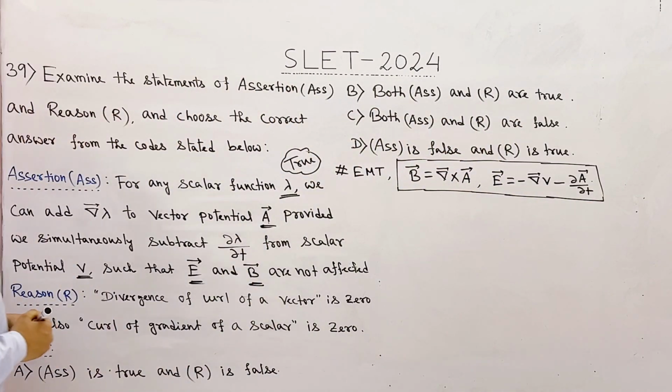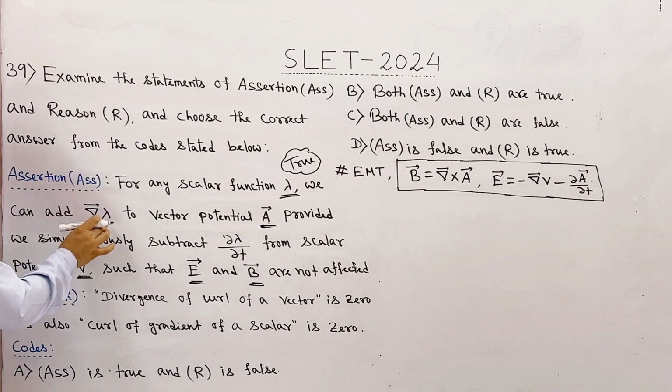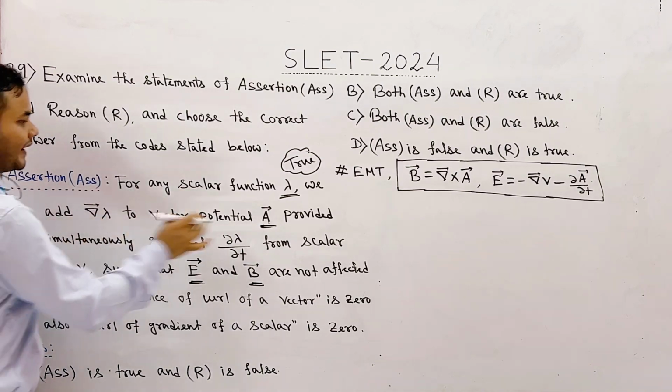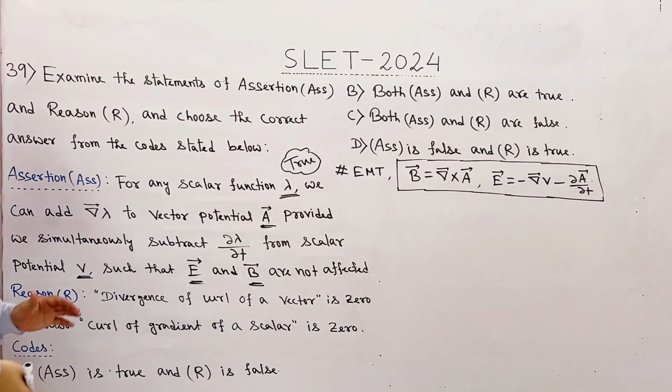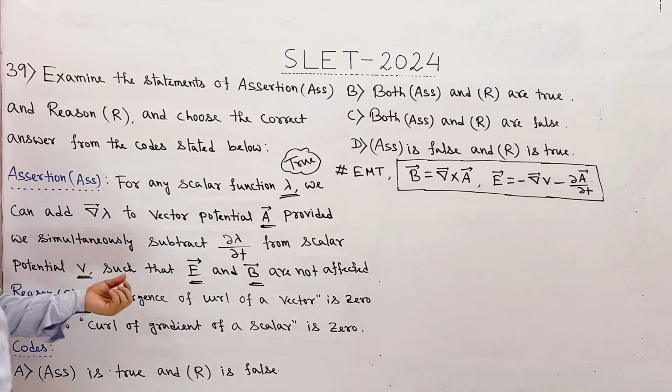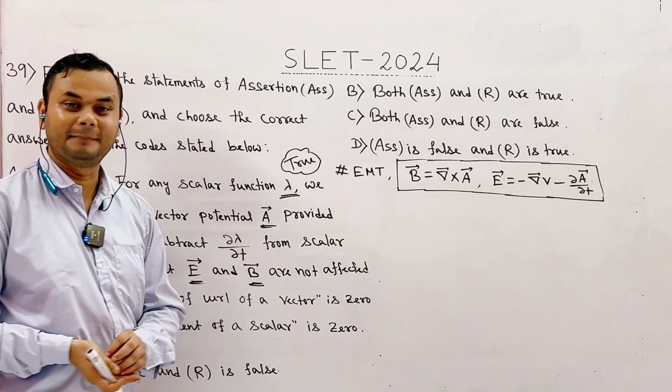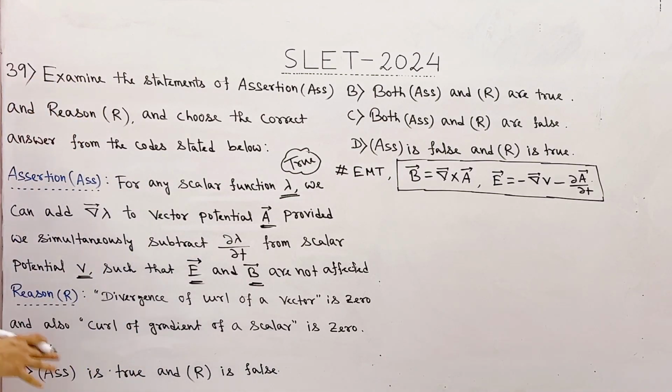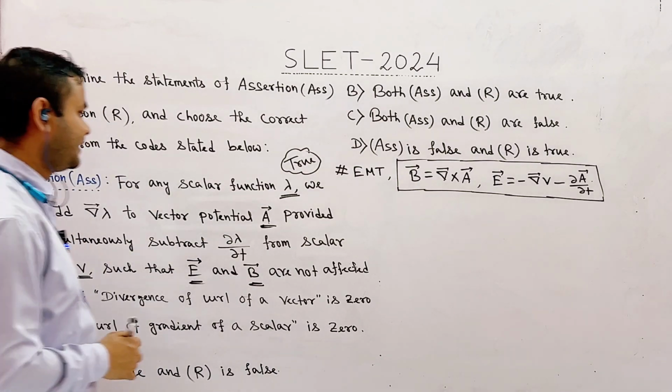Next, according to this question, if we add gradient lambda to vector potential A and if we subtract del lambda by del T from scalar potential V, then we should get the same electric and magnetic fields. Now let us write these statements in mathematical form.